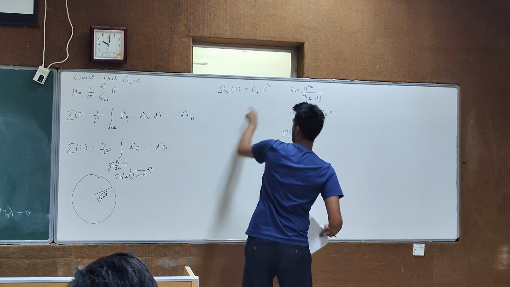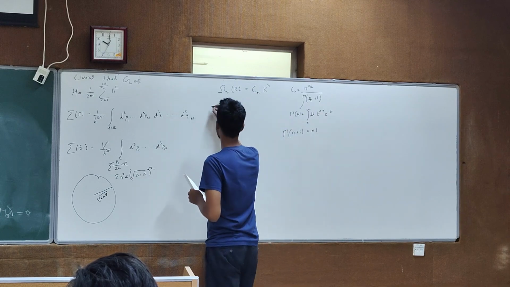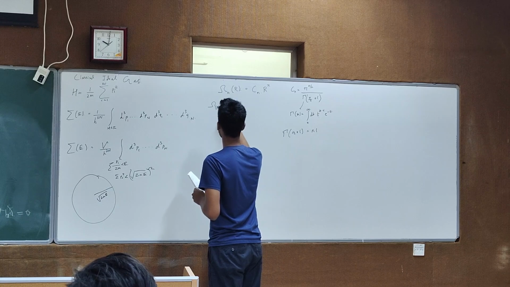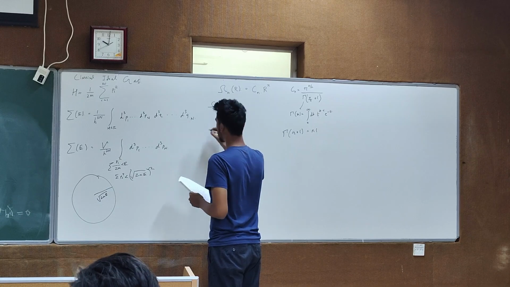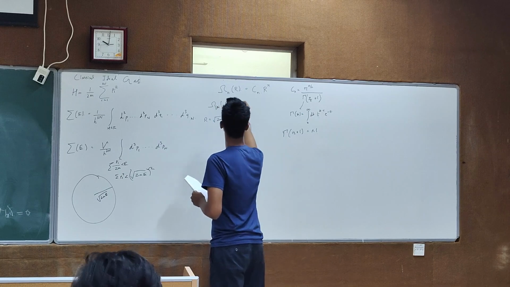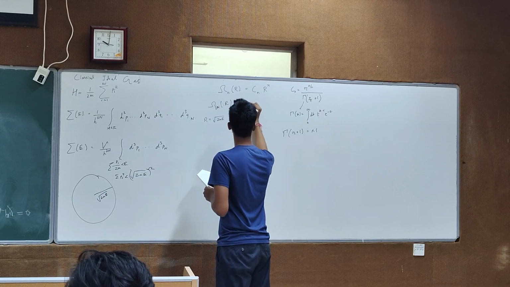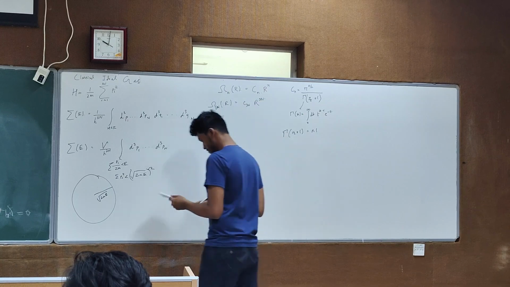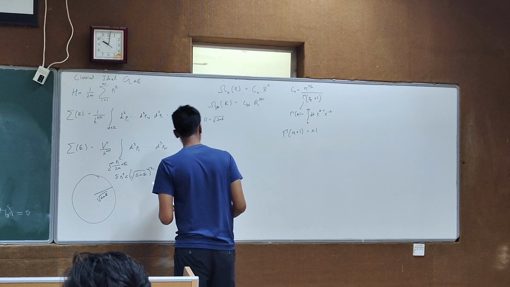We can substitute this into our expression. So this is the volume of our 3N-dimensional sphere with radius r. Now our r is root 2mE.